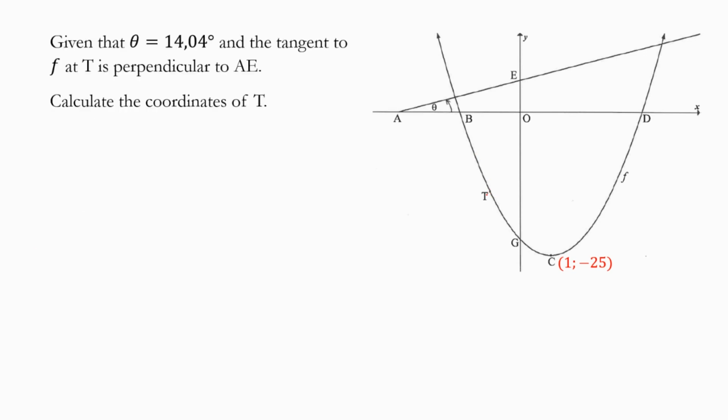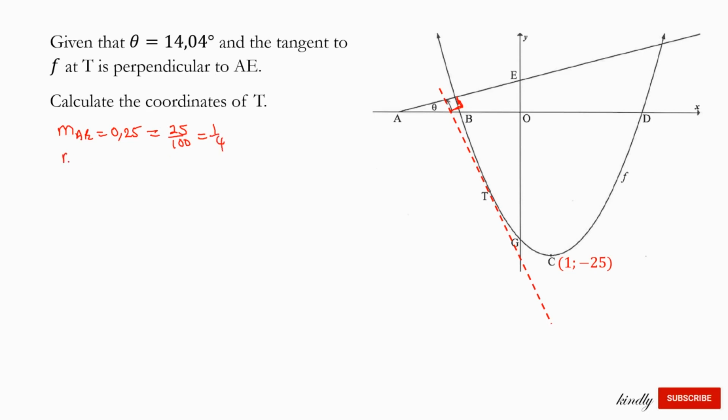So now we have our line, and this is the tangent, which is perpendicular to AE. We said the gradient of AE is equal to 0.25. To make our life easy, we can convert this to a fraction, which is 25 over 100, which is equal to 1 over 4.